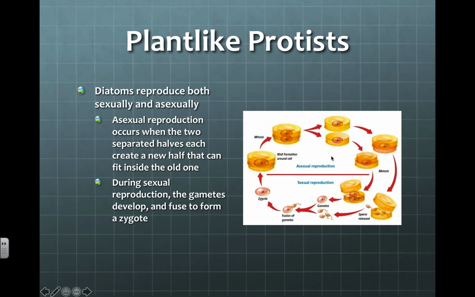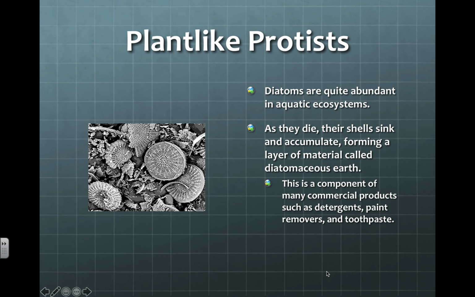Now, during sexual reproduction, the gametes are going to join. They can stay in this gamete form for a while. And then when conditions are favorable, they undergo meiosis, which is sexual reproduction, forming the gametes.